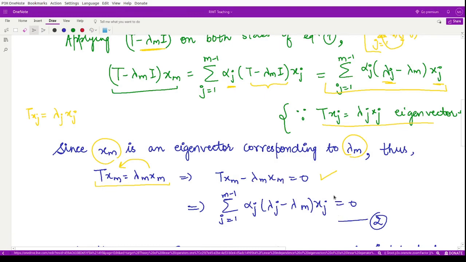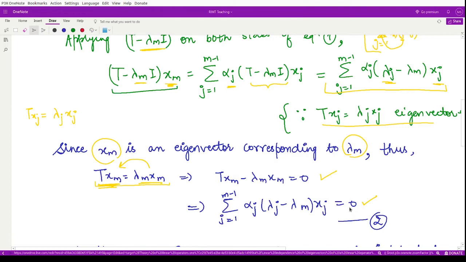How? Because your left hand side here eventually is 0, since lambda m xm is T xm, so you have T minus T into xm, that is 0. Therefore your right hand side also becomes equal to 0.